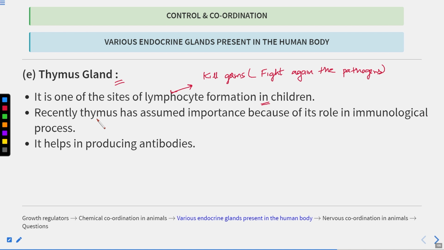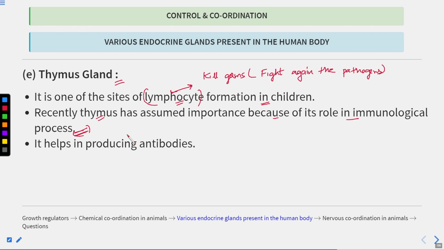Recently, the thymus has assumed importance because of its role in immunological processes. The thymus gland is the site of lymphocyte formation, and these lymphocytes help in providing immunity and fighting foreign antigens.